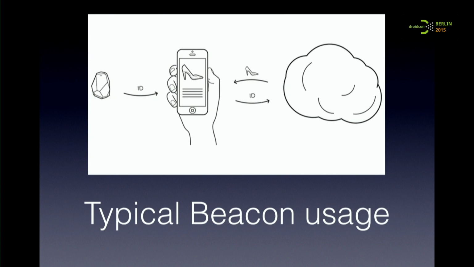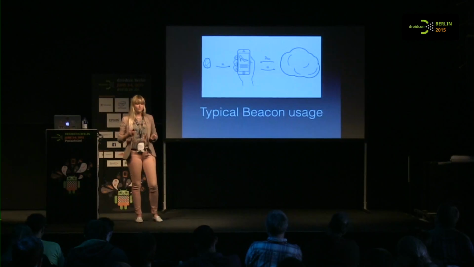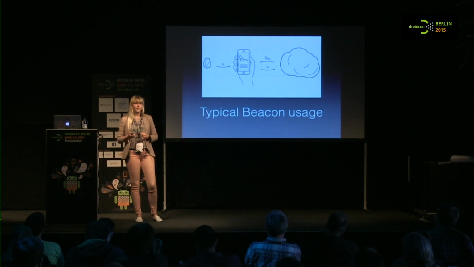So the beacon just emits an ID and a small amount of data, then the phone scans this data and sends it to the cloud, where it receives more detailed information related to this beacon. Then the application can parse this data and interact with the user and show sales, discounts, more information on the location, and so on.